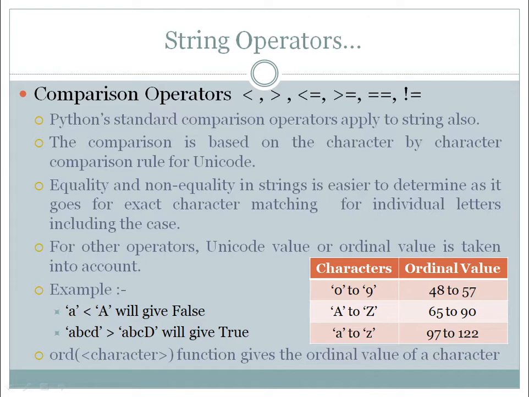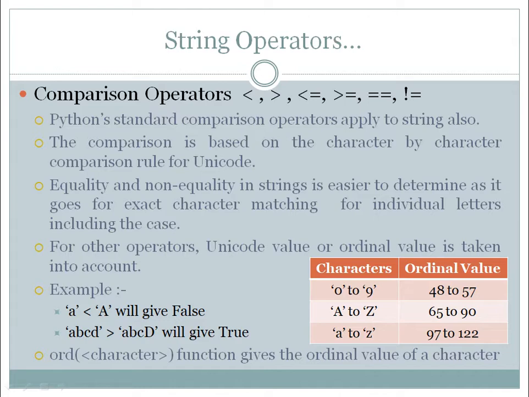So this thing is clear by this example. Is small a less than capital A? No. The ordinal value of small a is greater than capital A's ordinal value, so it will give False. Similarly, the second one will give True. Why?